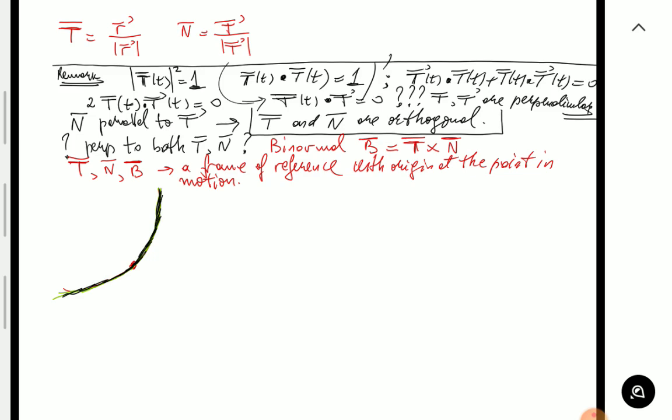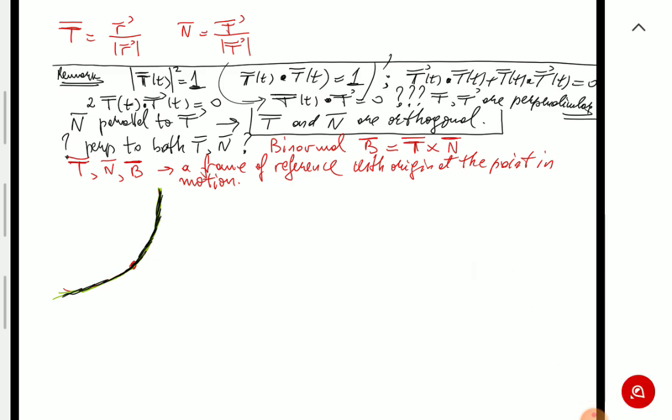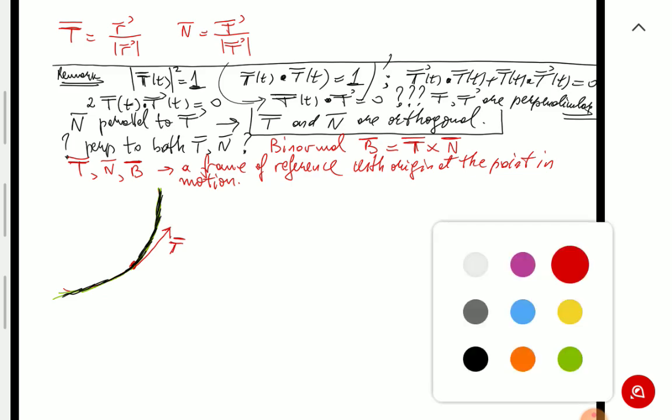All right, let's say the tangent is with red, the unit tangent. So suppose the unit tangent is over here. Let's do the normal with blue.